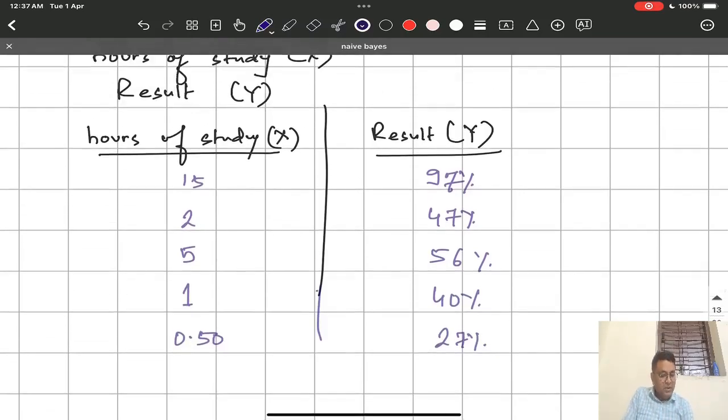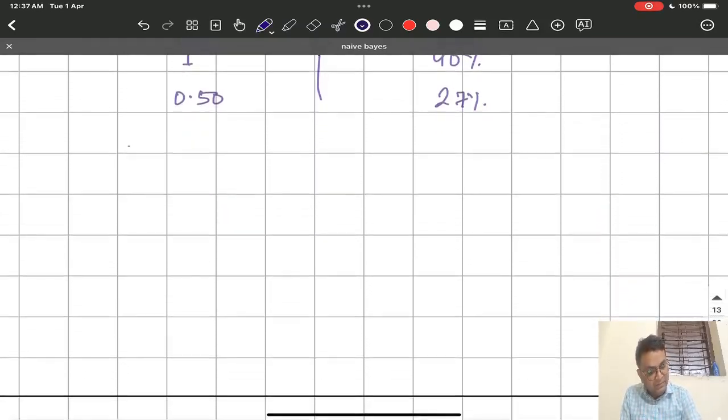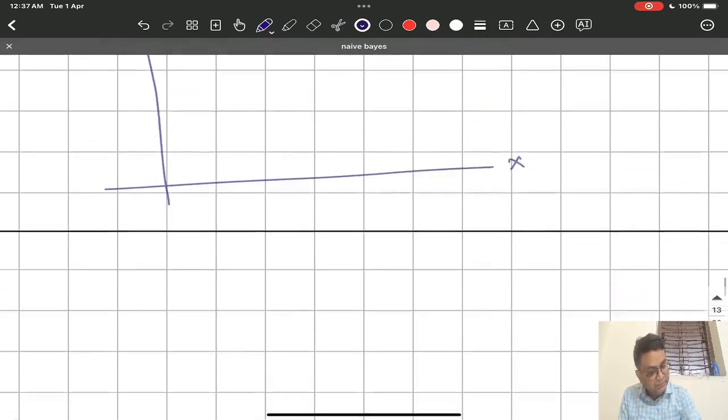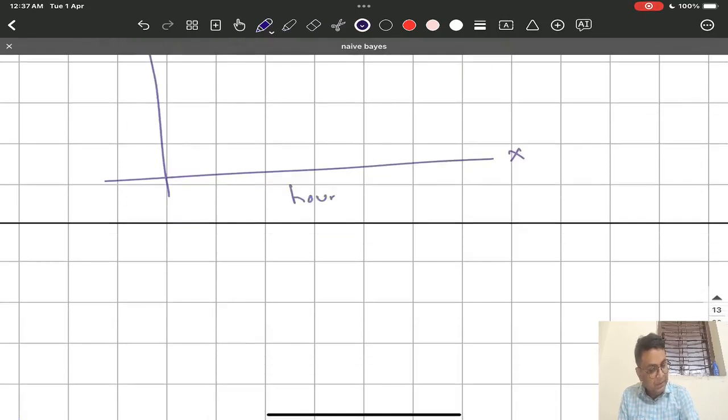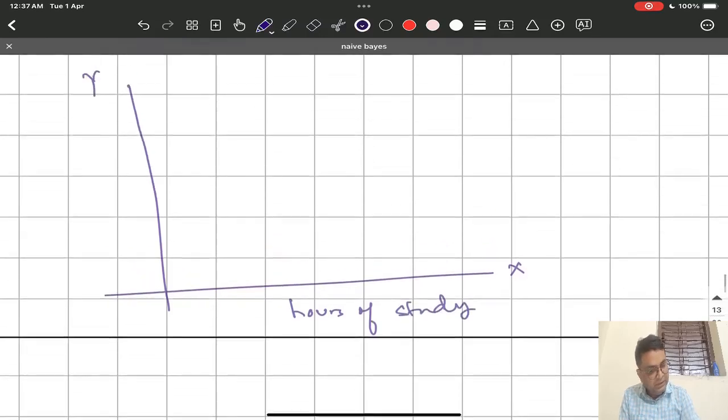Now what happens? With the help of this data, we are going to make a straight line. Okay, x and y in 2 dimensions. Let me tell you like this. This one is x, this one is y. X is hours of study, and this one is the result.